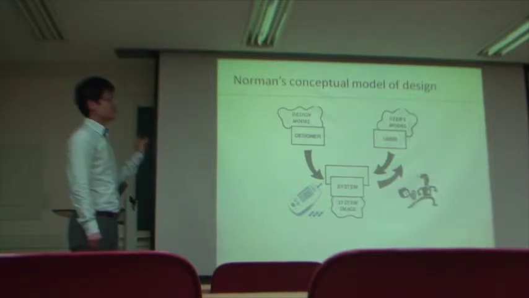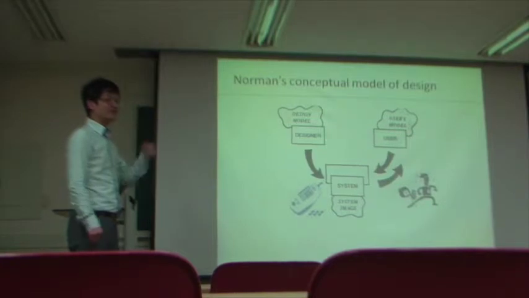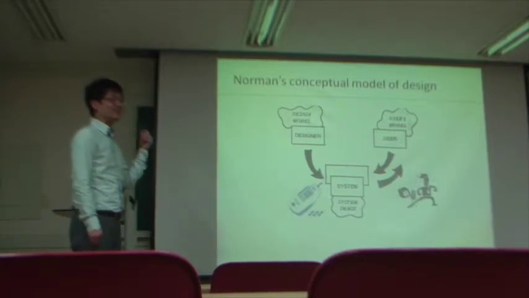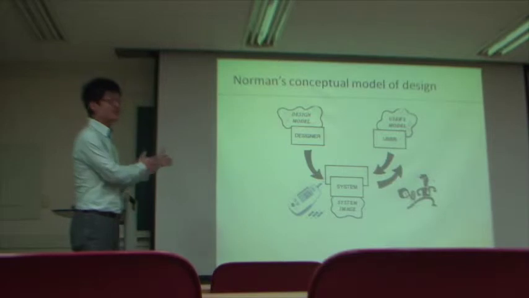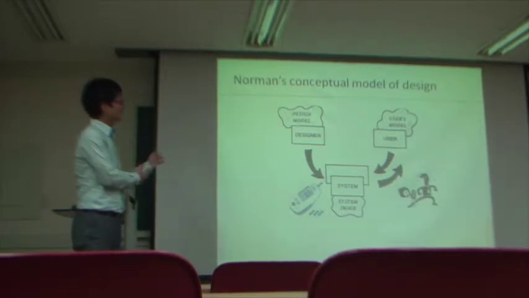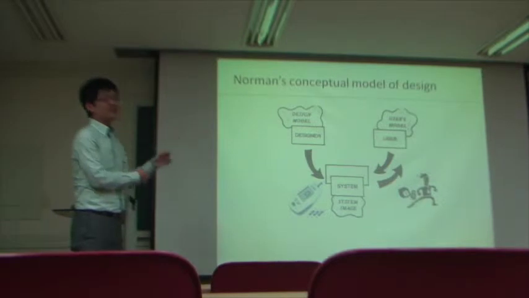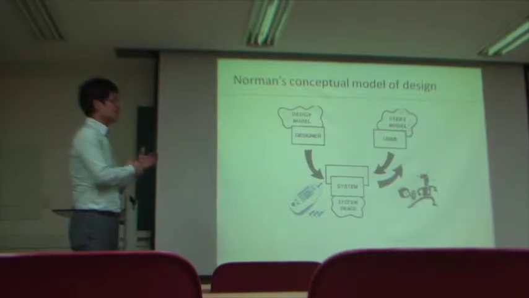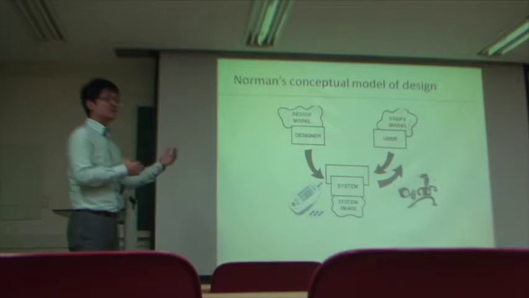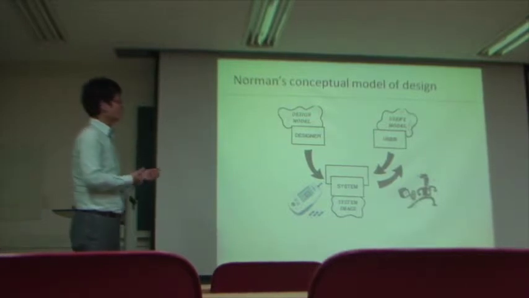Normally the designer's model means what is in the designer's head, how we perceive the system is going to be, or how the service is going to be. From the user's part, they have their own expectations regarding what is a good service or a good product, and what features a service should provide to them.